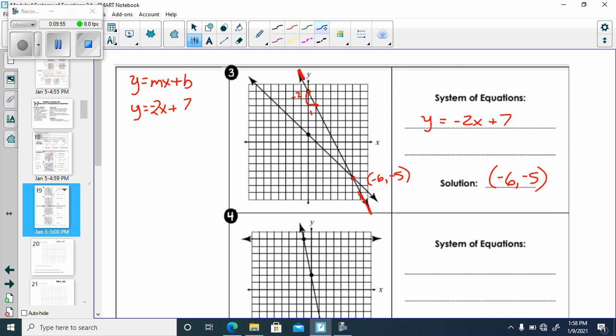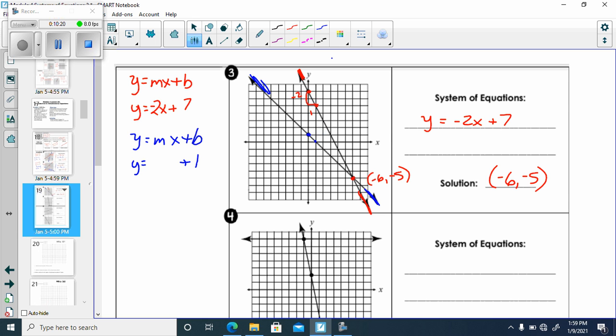Okay, let's find the equation for the other line. I'm going to call that the blue line here. A linear equation is y is equal to mx plus b. We need to find the b and the m. The b is where this line crosses the y-axis, which is right here. That's at 1. Now let's find our slope, our rise over our run.